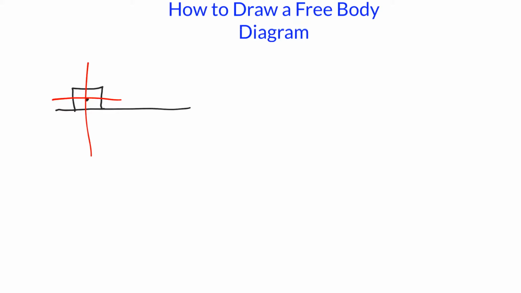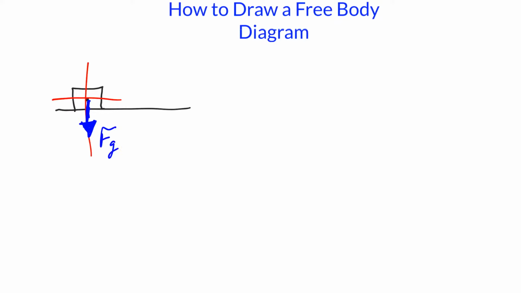All right, so what non-contact force is acting on that box right now? In other words, what's some force that's acting on it that's not having to touch the box? Hopefully you said the force of gravity. So we're going to put our arrow pointing down because that's the direction that gravity points, always straight down.